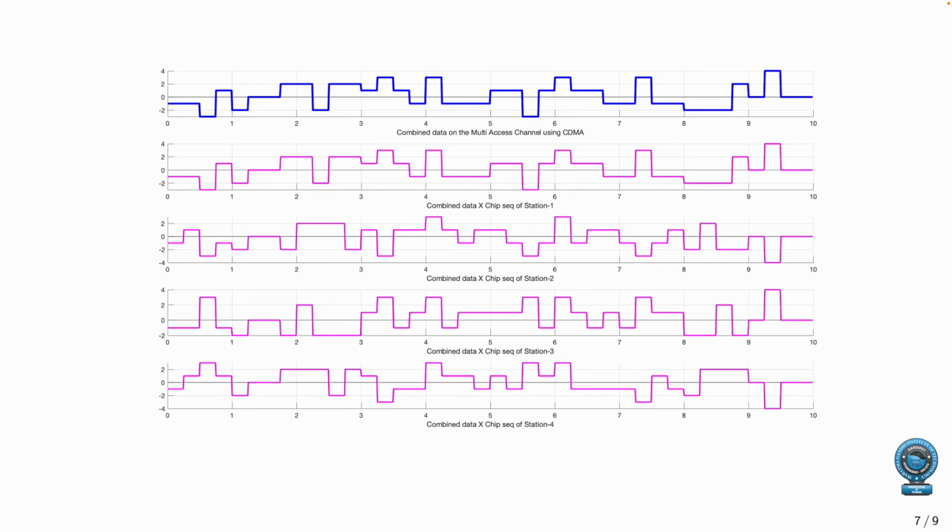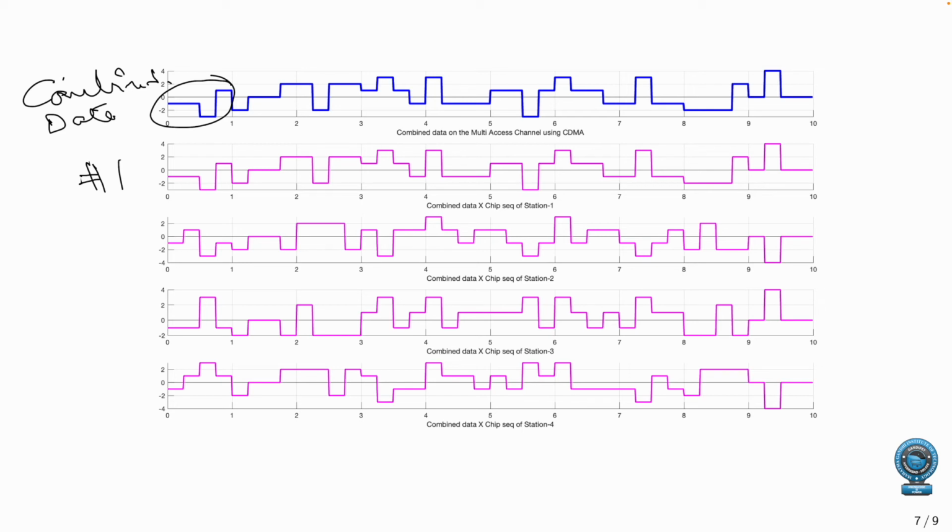Yeah, now this is the combined waveform, the combined data, or the pulse sequence here. What the stations do, or whoever receives it, if he wants to extract data corresponding to number 1, he just takes this waveform and multiplies it with the code.